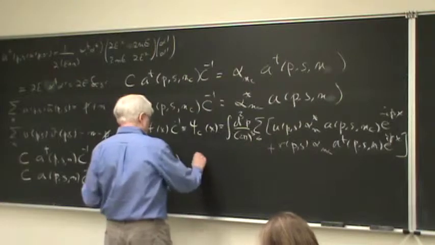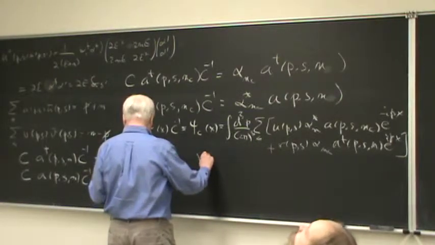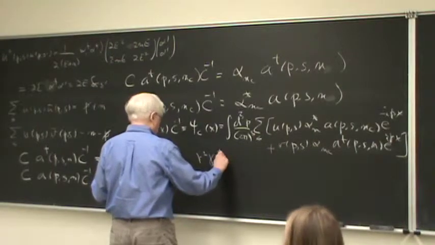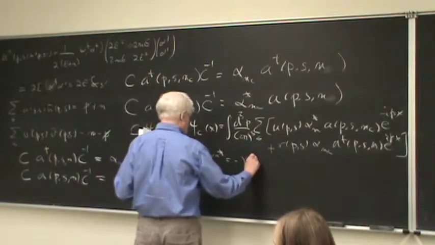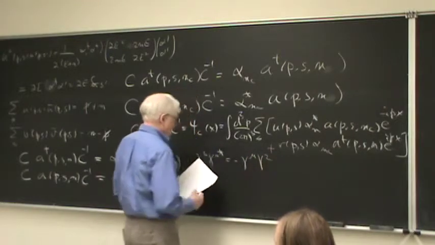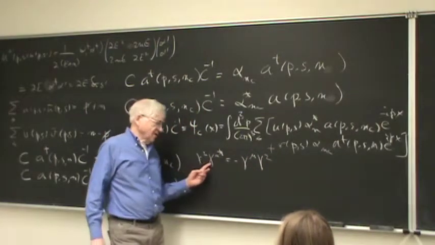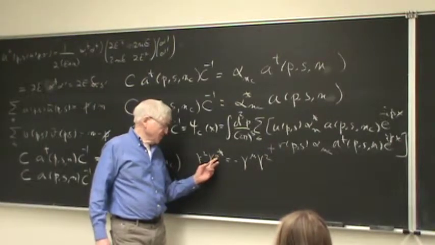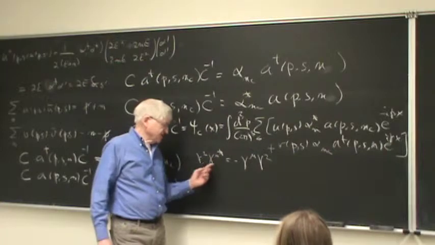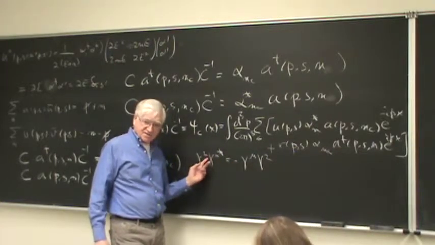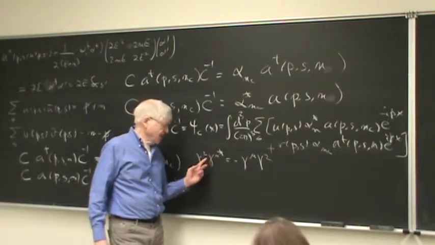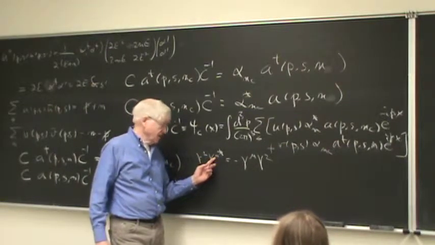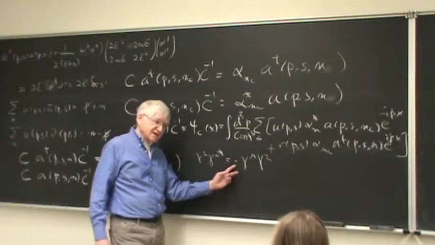First of all, let's recall that gamma 2 gamma mu star is equal to minus gamma mu gamma 2. Now, why is this? Well, all of the gamma mu are real except for gamma 2, which is imaginary. So if mu is 2, this is clearly right with the minus sign because gamma 2 is imaginary. On the other hand, if mu is not equal to 2, then the gamma matrix is real, but it anti-commutes with gamma 2, so that gives you the minus sign.